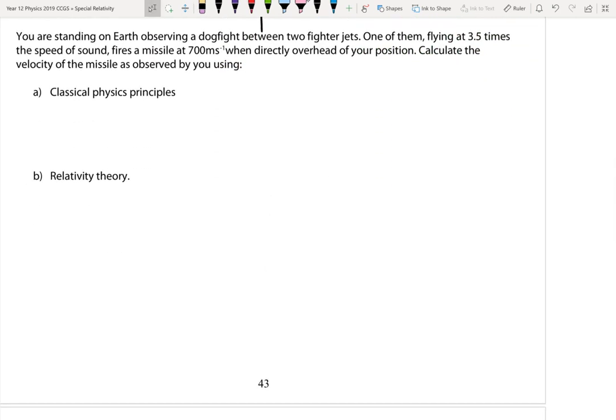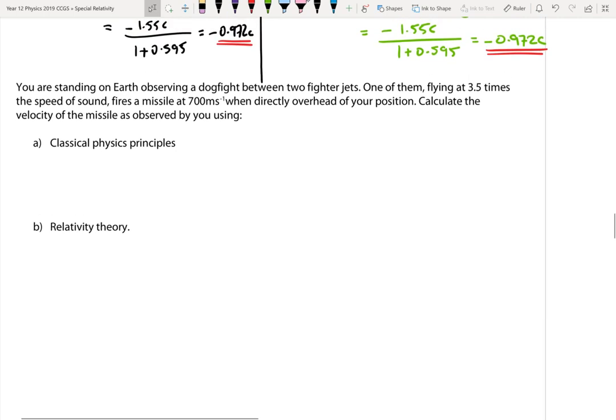Last example, guys, for the next 2 to 3 minutes, let's look at this. 3.5 times 343, call it 1200. I just want you to consolidate this because it is tricky.